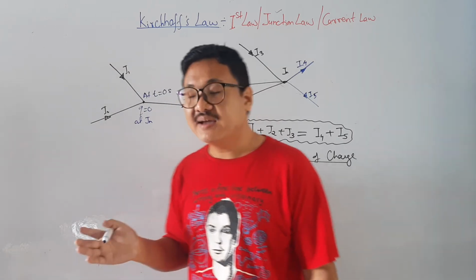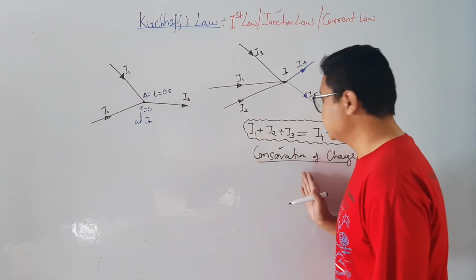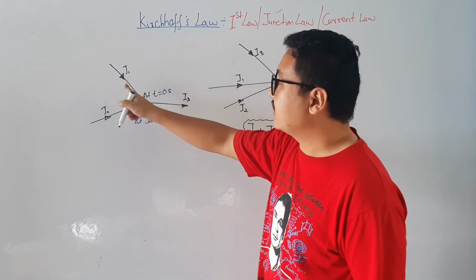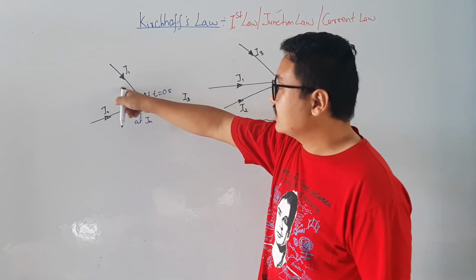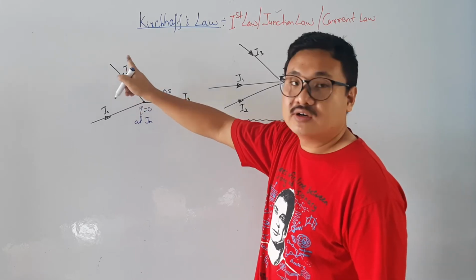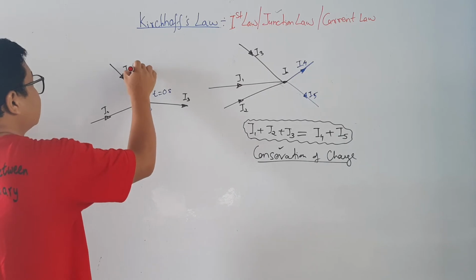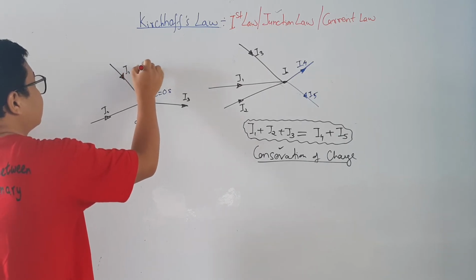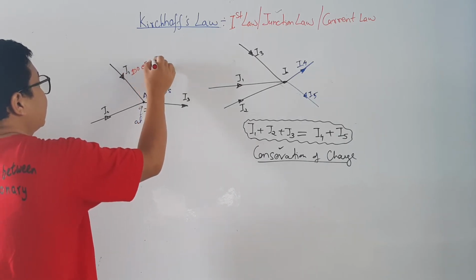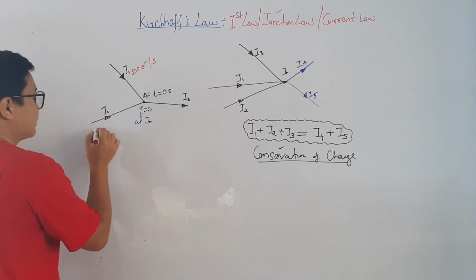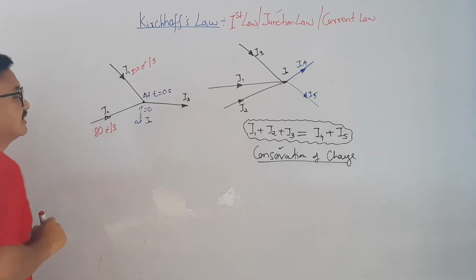I am explaining the conservation of charge. Let us consider in I1 there are, for example, 100 electrons coming per second. Here also let us consider 80 electrons coming per second.